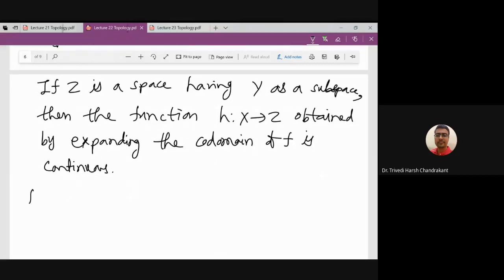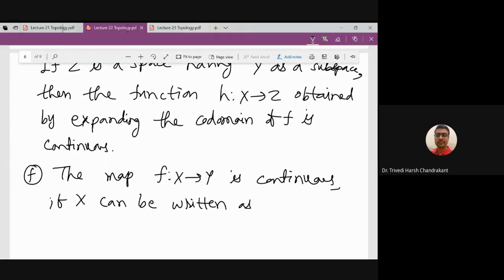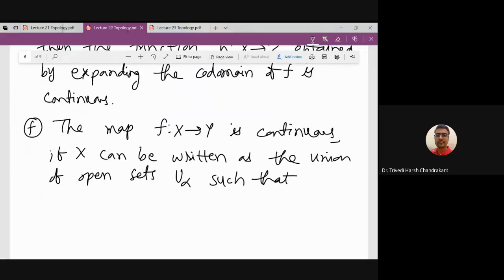So this is E part, and F part. The statement of F is that the function f from X to Y is continuous if X can be written as the union of open sets U alpha such that the restriction of the function f to U alpha is continuous for each alpha.